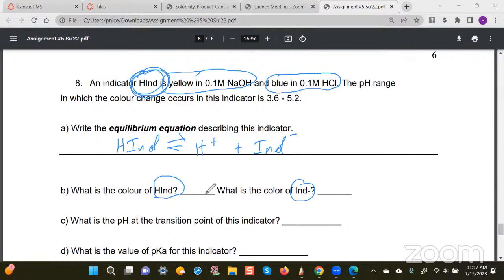Blue. Exactly. Everybody understands the reason why it's blue?